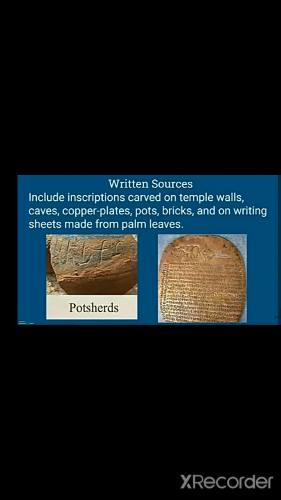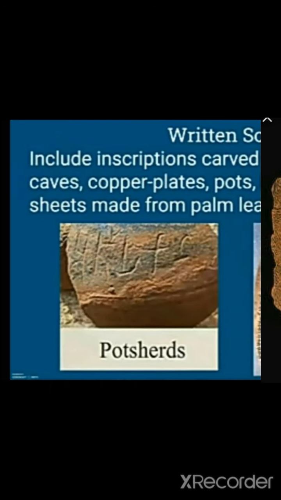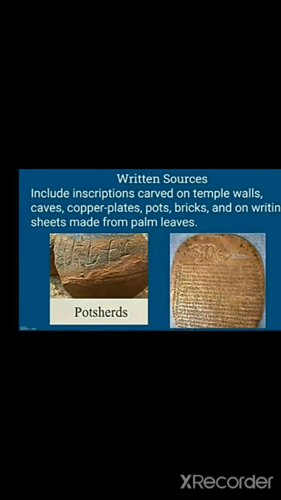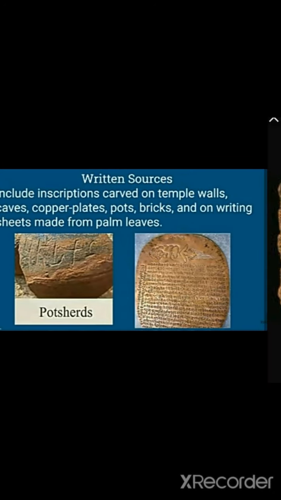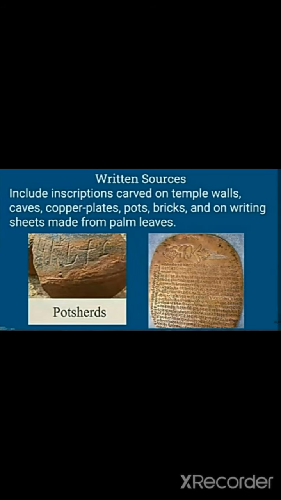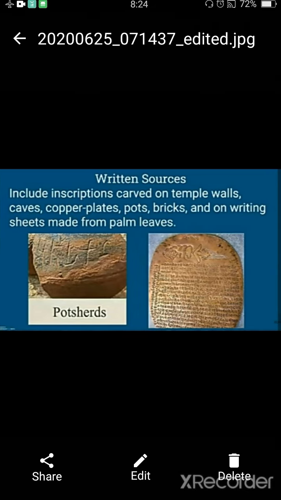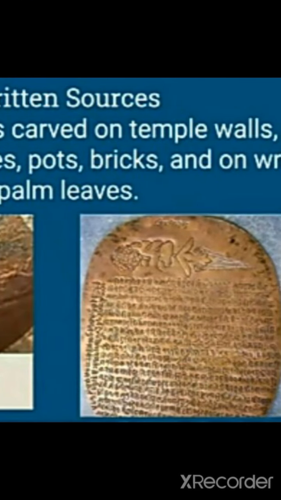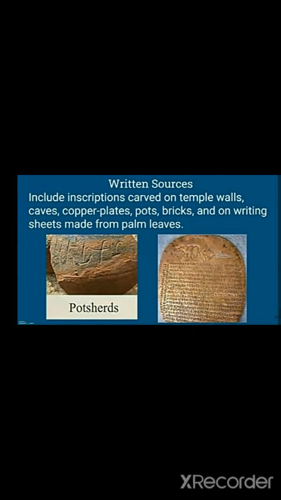Inscriptions were carved on temple walls, caves, copper plates, pots, bricks, and on writing sheets made from palm leaves. The copper plate inscription given here is an example. Whatever orders were given by the king were inscribed on copper plates like these.